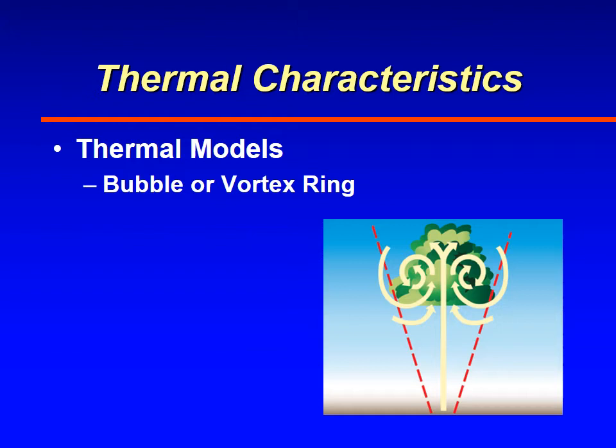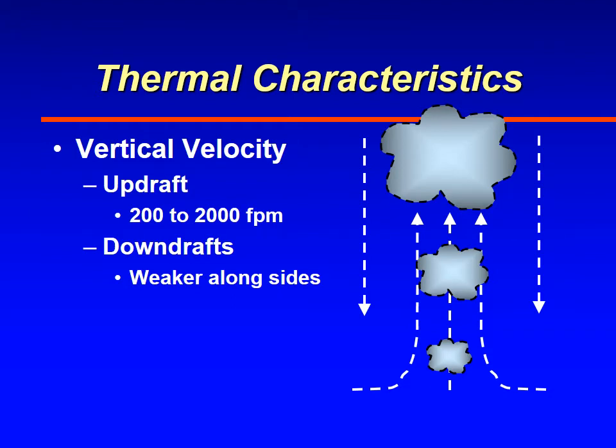Notice that in the center you'll see a strong updraft, but along the sides you'll see downdrafts and also some circulations within the thermal. So that's what scientists have found flying through thermals over the years, that there are downdrafts, typically weak downdrafts along the edges of the thermals, but in the center or the core of the thermal, you'll get a strong rising motion anywhere from 200 to 2,000 feet per minute.